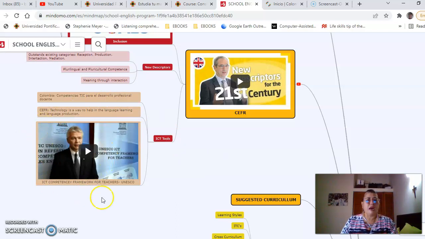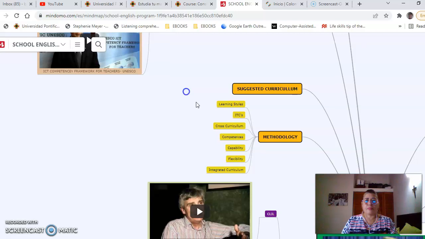Because we're going to see how our framework connects, what we need our students to learn, and how we teachers need to take advantage of technology to interact culturally with languages and bring our students to have real life situations interacting with technology as a support.